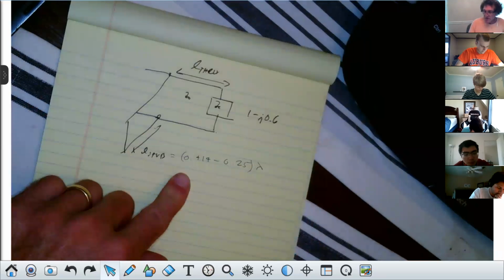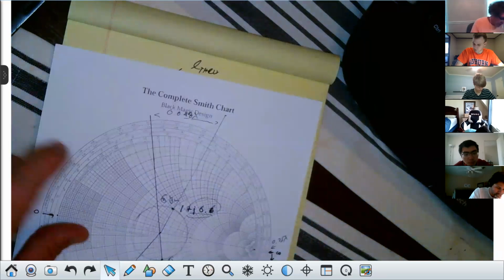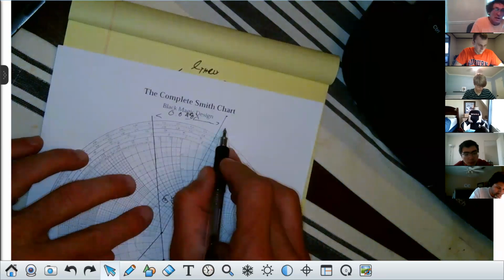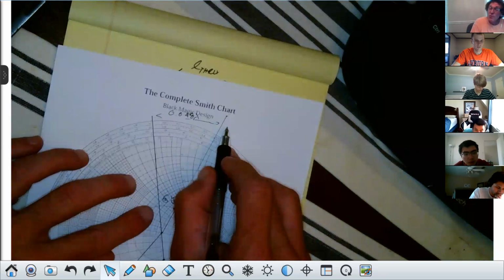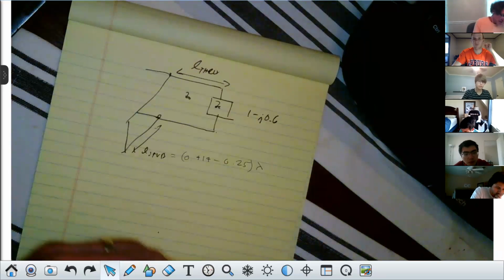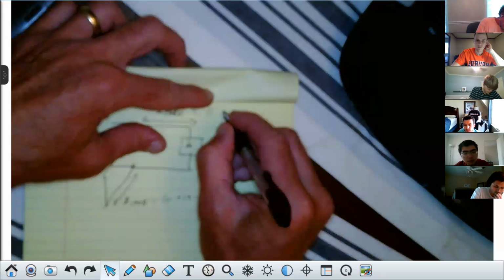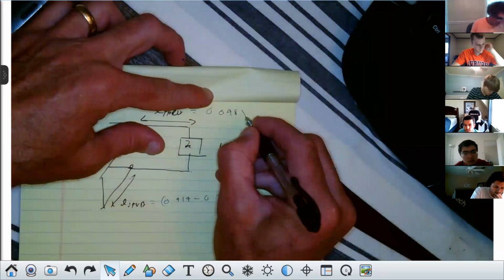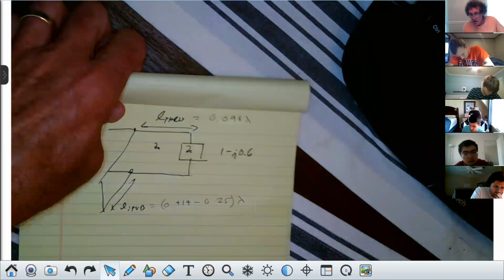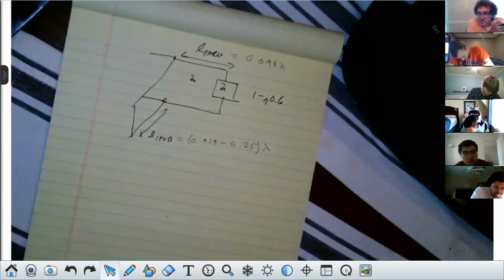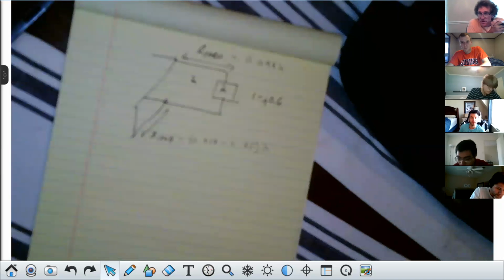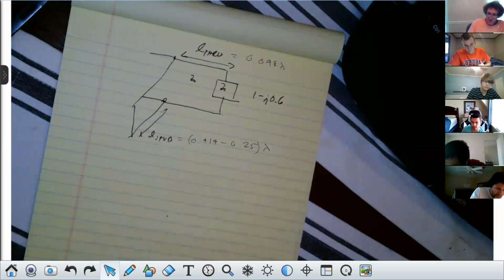And what was the length of the through line from here to here? 0.048 lambda, right? So this is 0.048 lambda. Are you with me? I want you to just take a look at this. Make sure you understand everything I did.